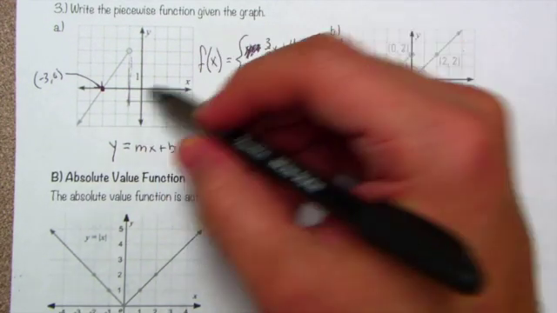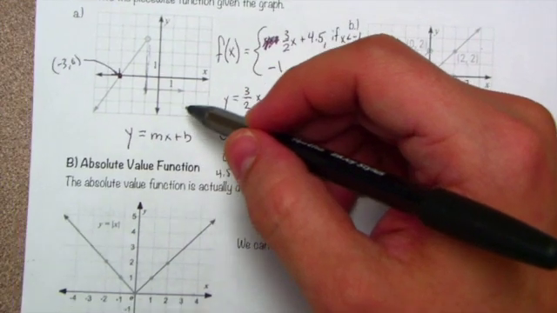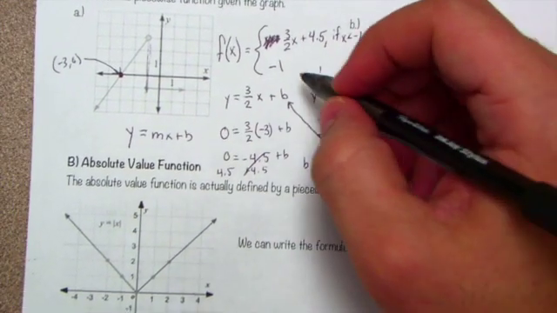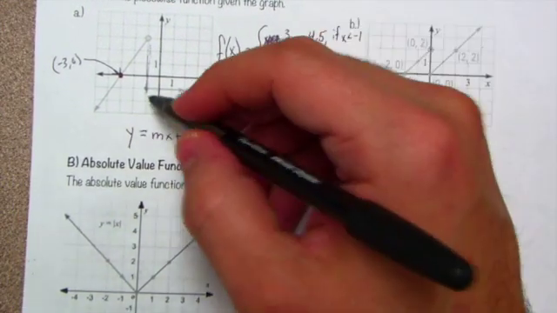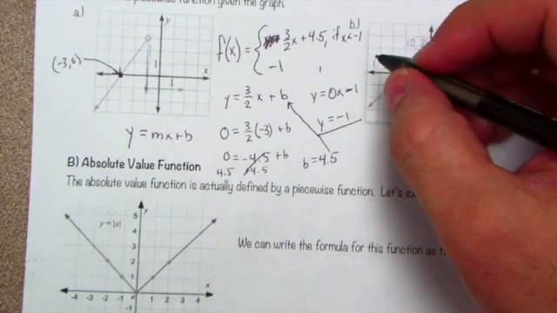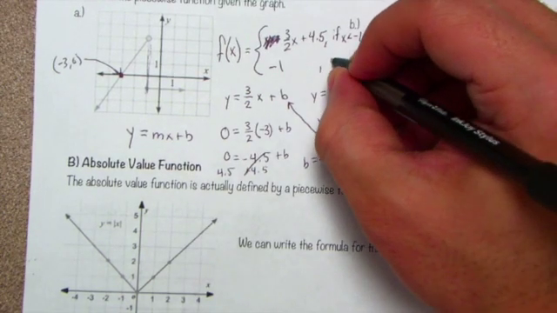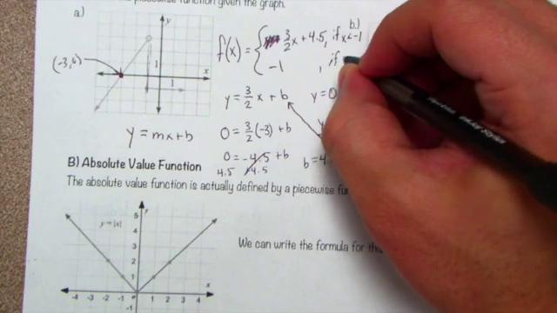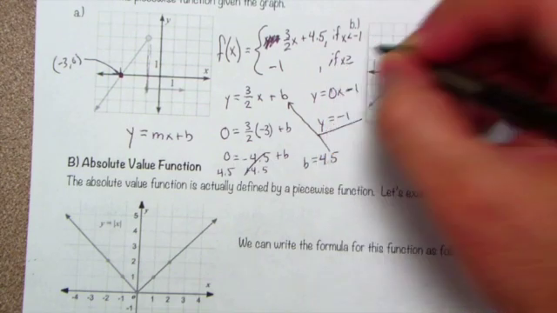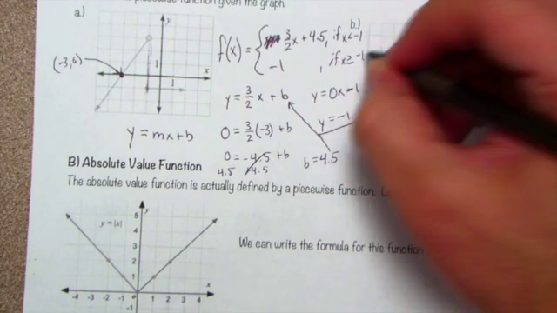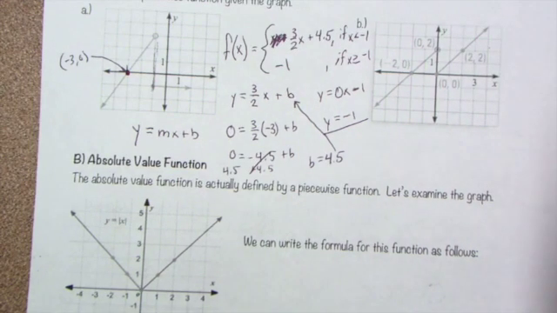Now this goes from negative 1 on this way. This one is a solid dot because it has a closed circle. So it'll be when or if x is greater than or equal to negative 1. And so that's how you write piecewise functions.